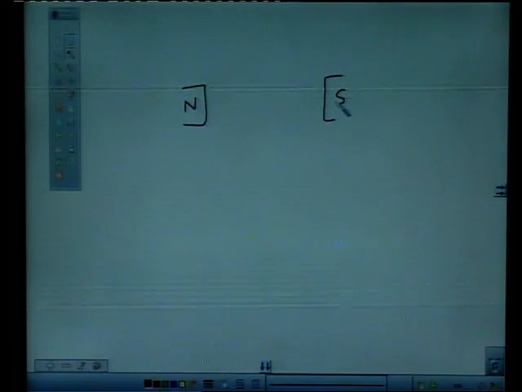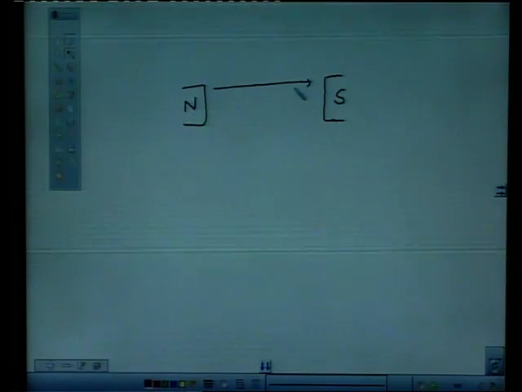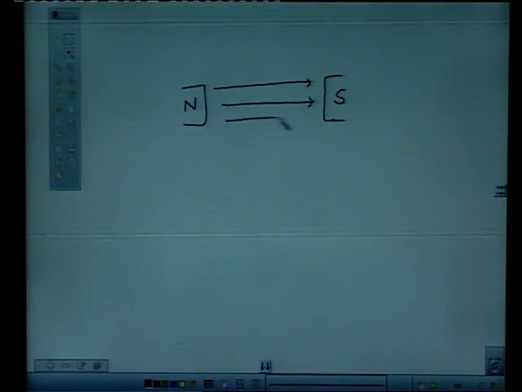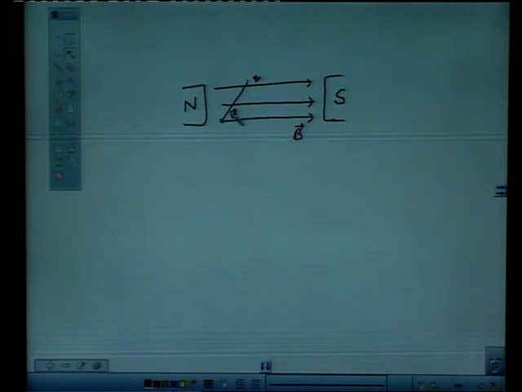Now let us take an example. Suppose we have a magnetic field set up by two poles of a magnet. As we know, there are two poles, north and south pole of a magnet, and a magnetic field is set up between these two poles. This field is B vector. Suppose we have a charge Q moving with velocity perpendicular to this magnetic field.